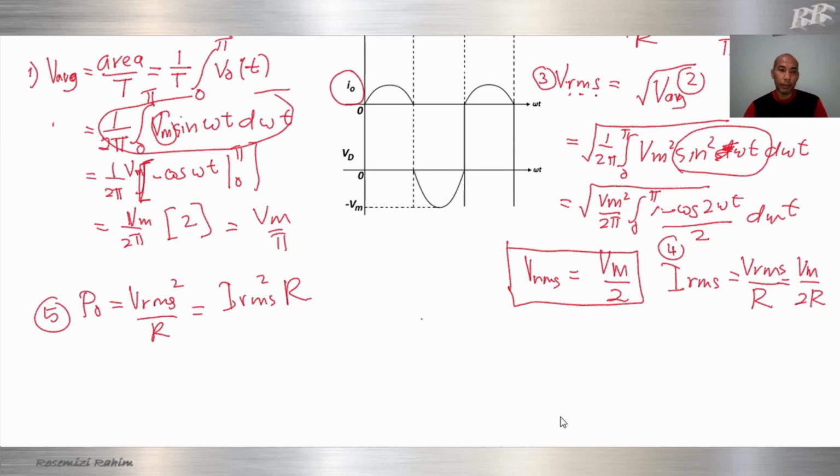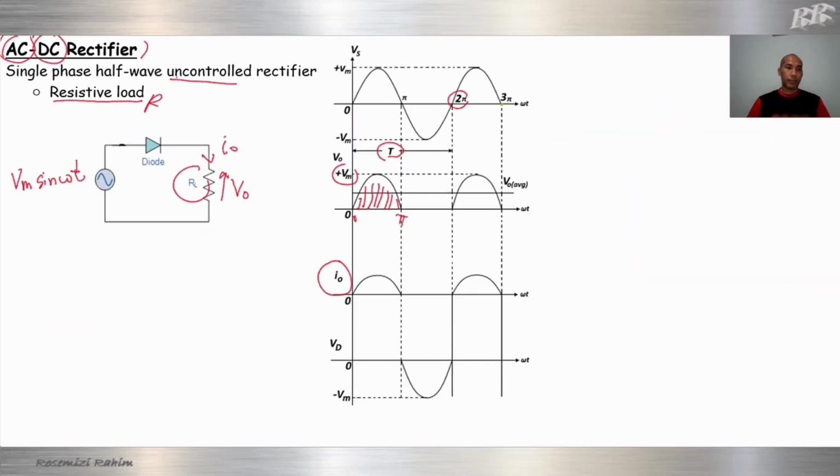This is an important terminology in a rectifier. Number 6 parameter is conduction angle, gamma.